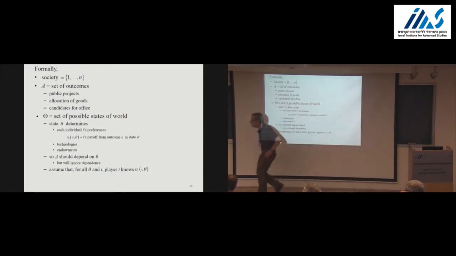Sorry? Does each agent have the same U_i forever? Well, the question is, does each agent have the same U_i forever? We'll suppose that this is an atemporal model at its foundation. It's a static model, but we could interpret it as a dynamic model where A, the choice, is a dynamic choice.